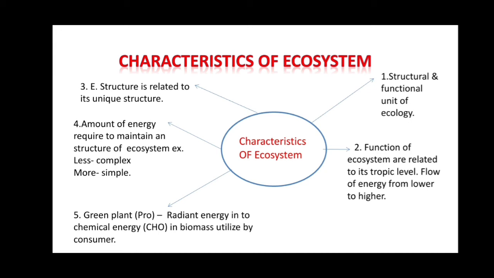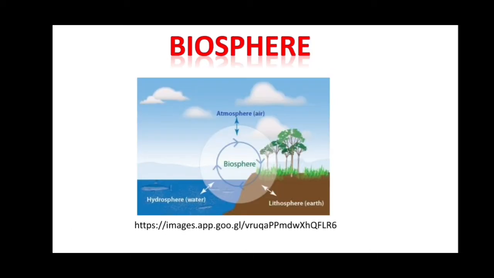Fourth, energy is required to maintain the structure of an ecosystem. For example, less energy is required for a complex ecosystem and more energy is required to maintain a simple ecosystem. Fifth, the green plants are the producers. They convert radiant energy into chemical energy, that is carbohydrate, in a biomass utilized by the consumers.